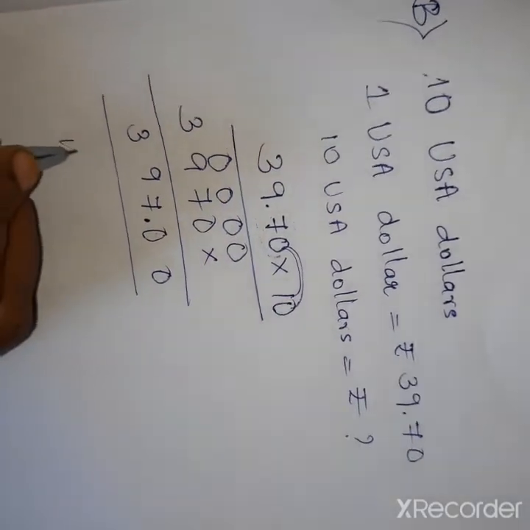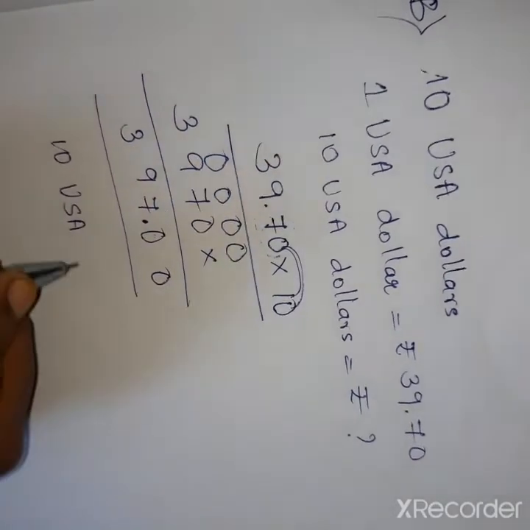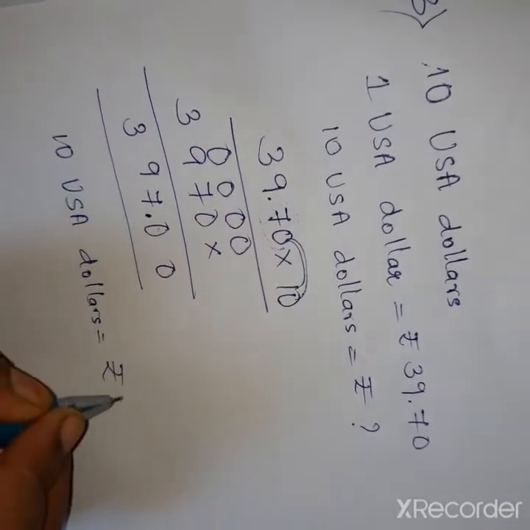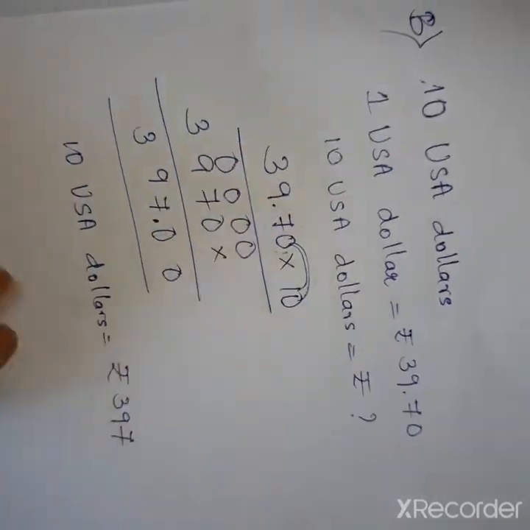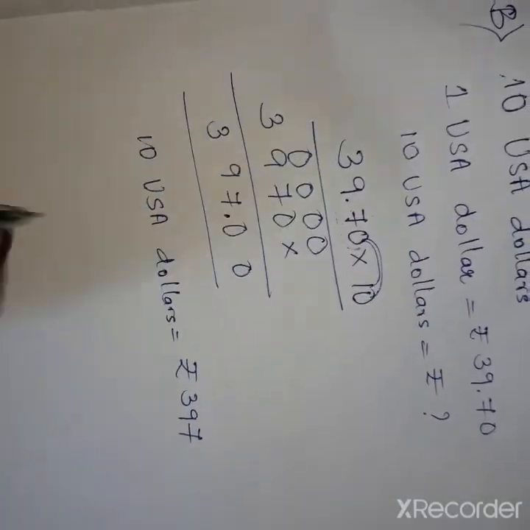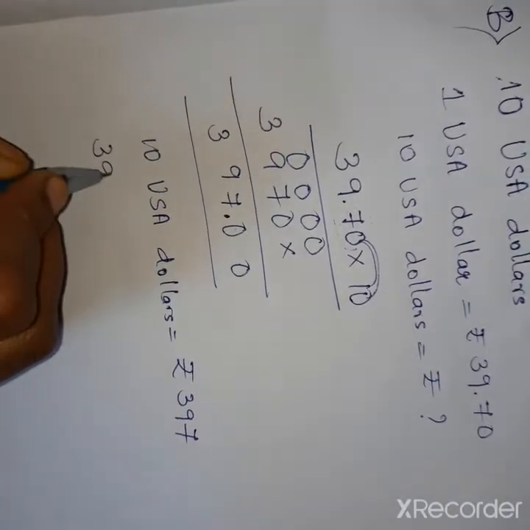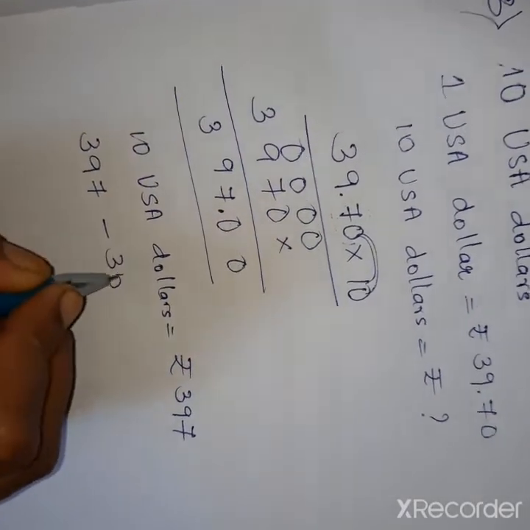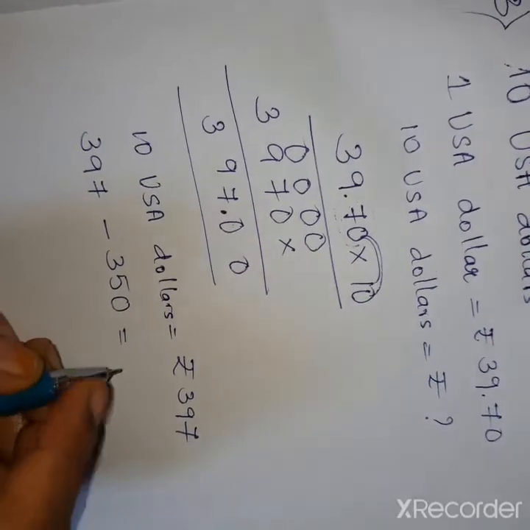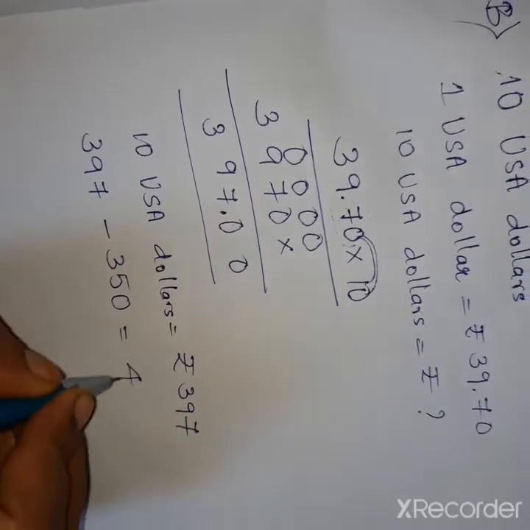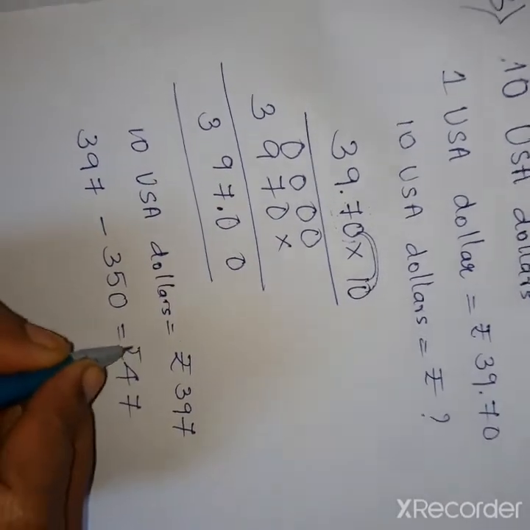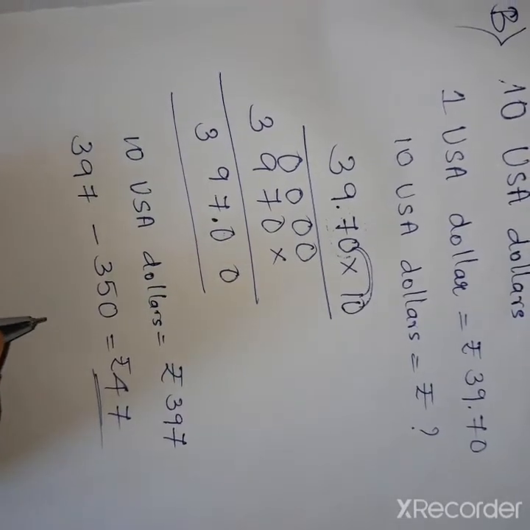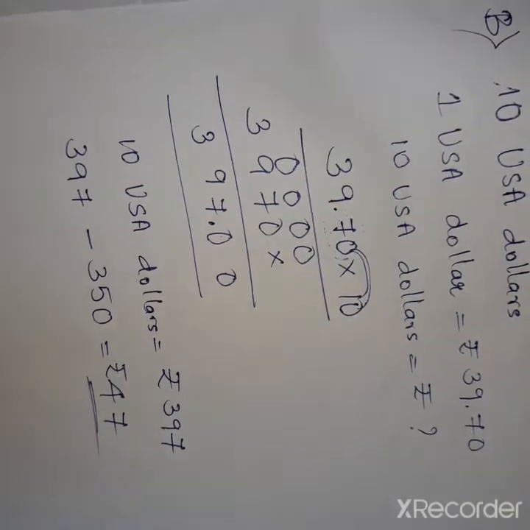So 10 USA dollars are equal to 397 rupees. Okay. So out of this 397 rupees, he has spent 350 rupees for the school trip. How much money is left now? When we do the subtraction, we know that 47 rupees are left with him. Okay.